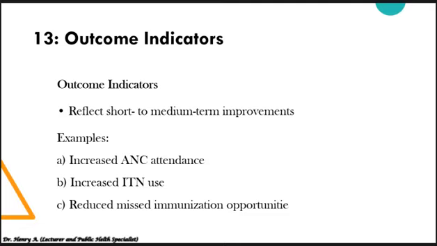We also see that there is a reduction in missed opportunities for immunization. In the past, people did not bring their children, for different reasons, rumors and so on. But following the confidence that has been observed in the programs, following the success that the program has been able to achieve, the people now bring out their children for immunization.